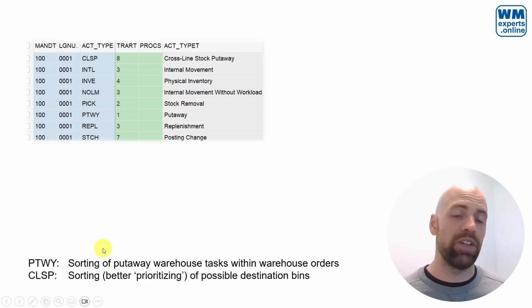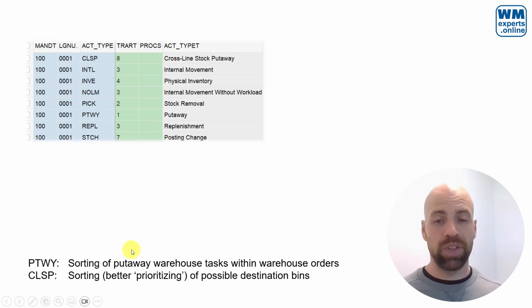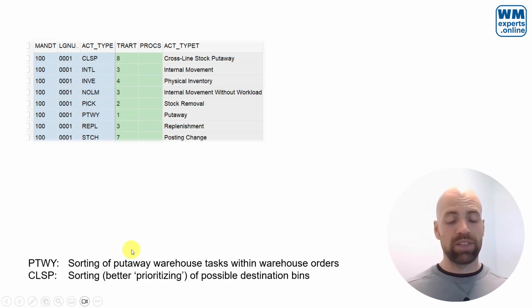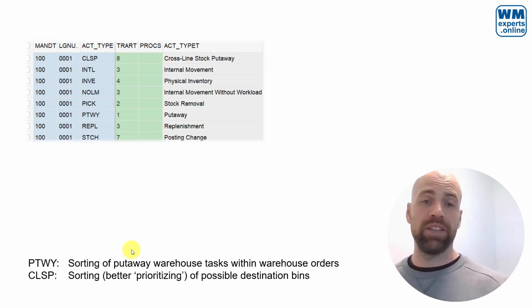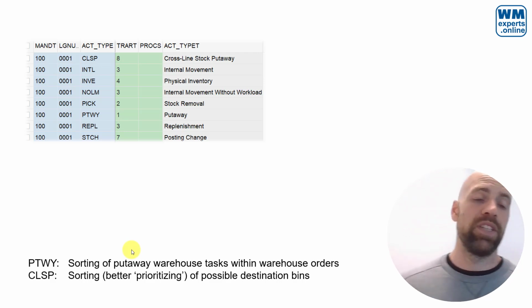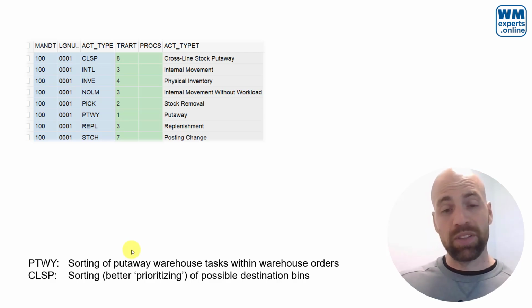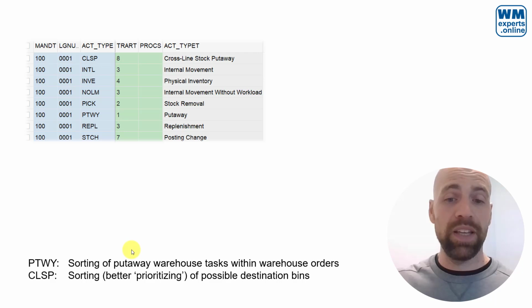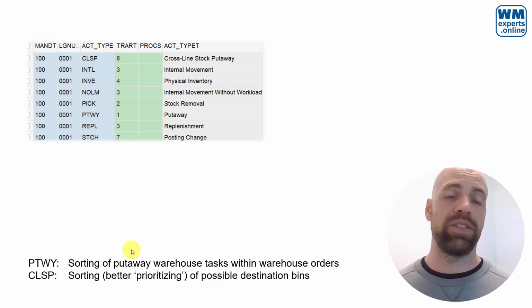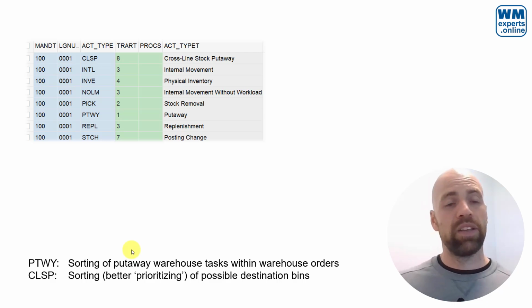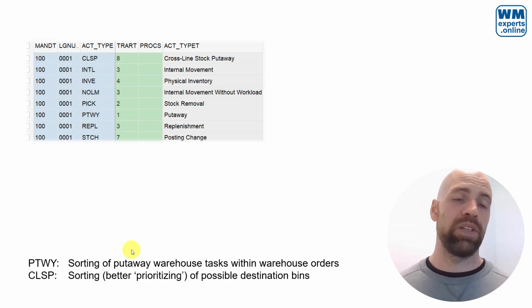PTWY is used to sort the putaway warehouse task within warehouse orders. So once the putaway tasks are already created, these sequence numbers here for this activity are used to sort those already created tasks within warehouse orders during the warehouse order creation. It's not used to determine the most optimal bin for a given warehouse task in order to do the putaway.